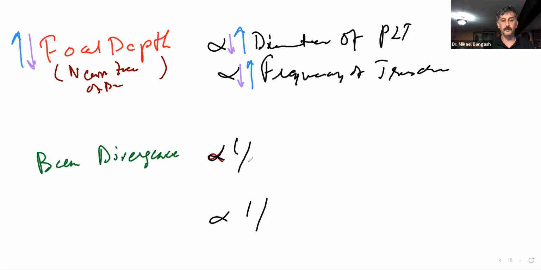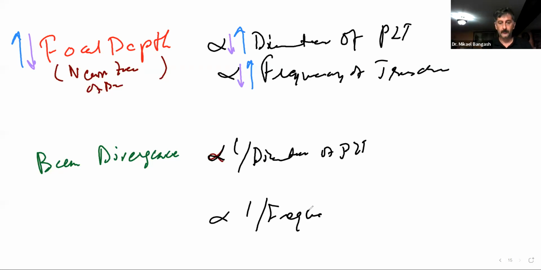But here it is going to be inversely related to the diameter of the PCT, or crystal, or active element, as we may call it, and or the frequency of the transducer.